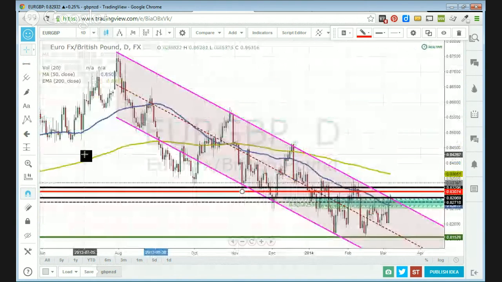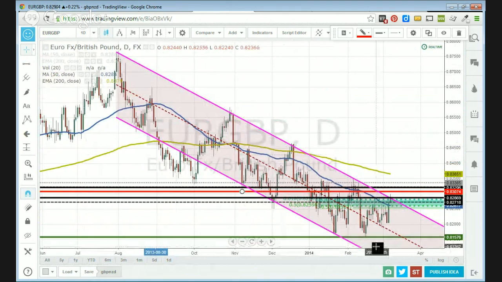Okay, so we are risking 21 pips, and we're targeting 150. So yeah, really great reward risk here. Getting 150 pips, so over 7 to 1 reward risk, almost 7.5 to 1. Okay, so we'll come back to that.